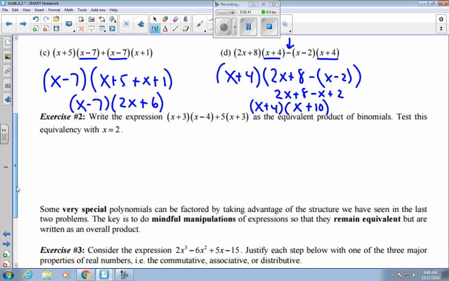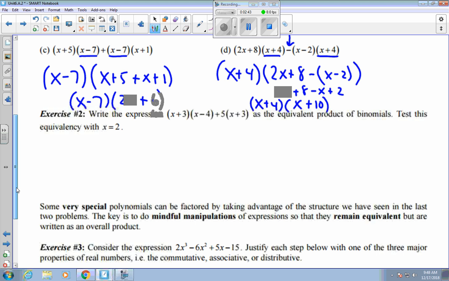In exercise 2, we want to validate that this is true. So write the expression as the equivalent product of binomials. Take out the x plus 3. So I have x plus 3, and then it's x minus 4 plus 5. You see, I don't put the parentheses in when you have addition of the 2 terms because you don't need to change any of the signs.